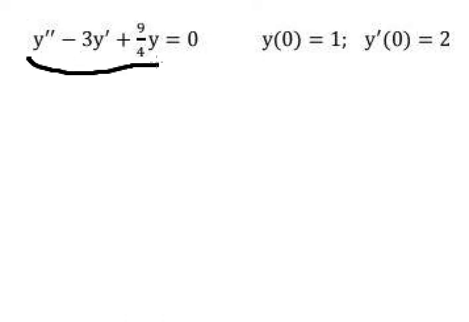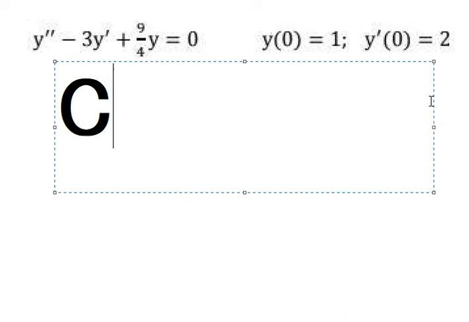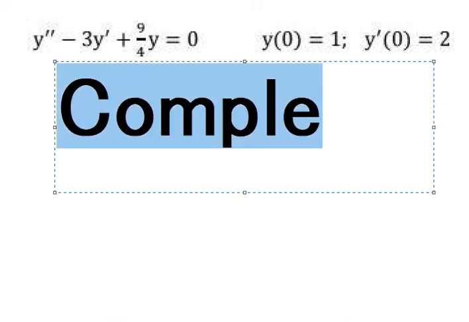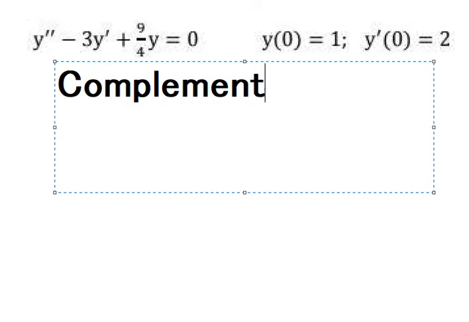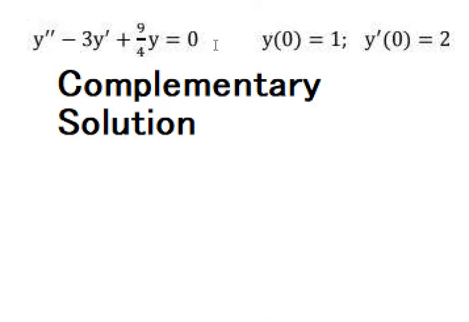Because this equation equals number 0, we just find only the complementary solution in here. So I will put yc equals e to the power of lambda s.